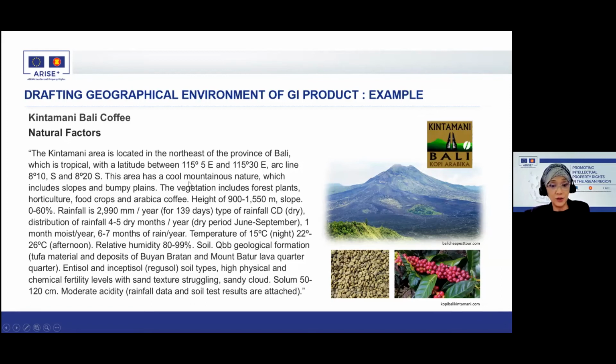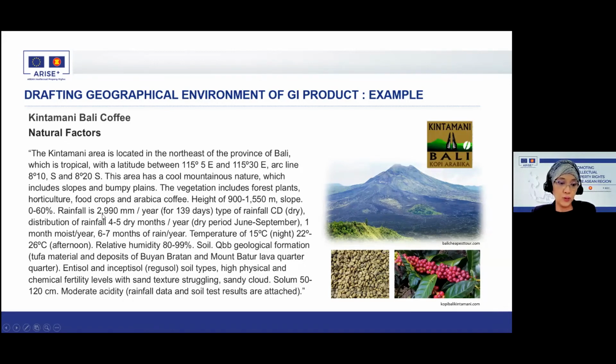This area has a cool mountainous nature, which includes slopes and bumpy plains. The vegetation includes forest plants, horticulture, food crops, and Arabica coffee, of course. The height is 900 until 1,550 meters.